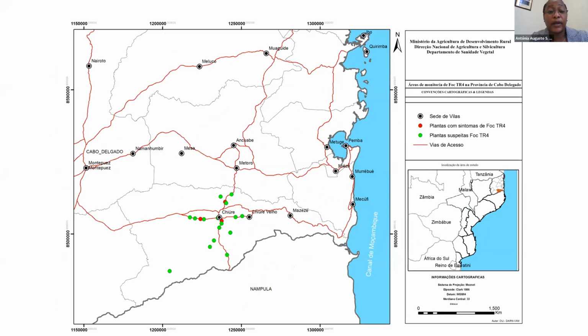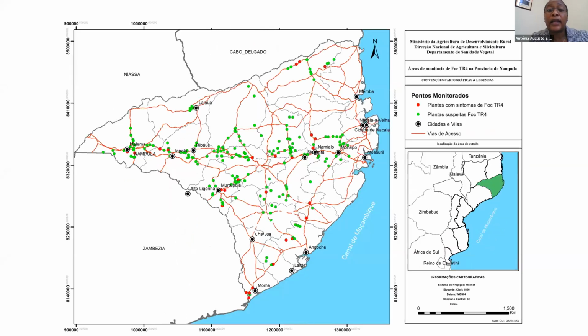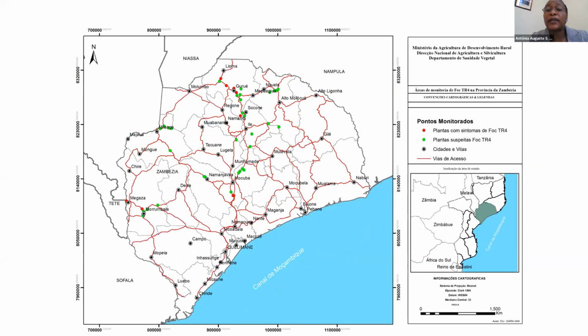This is Cabo Delgado, also with some plants showing symptoms. Manica province, no symptoms. This is Zambezia, another banana-producing province, and some plants also show symptoms, and we're still waiting for the results.